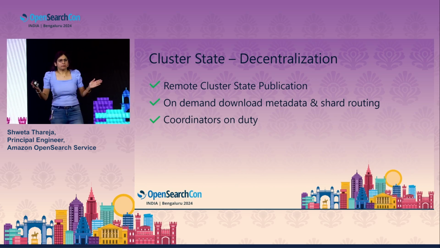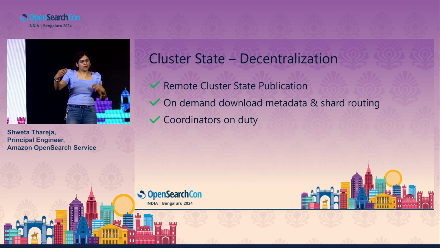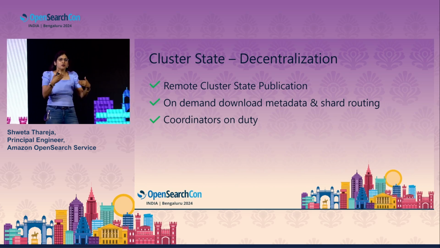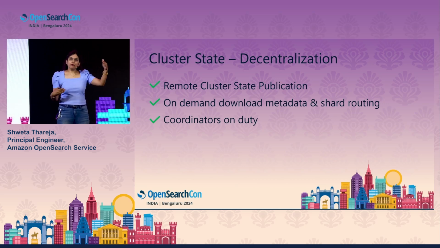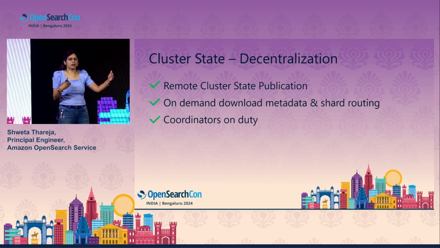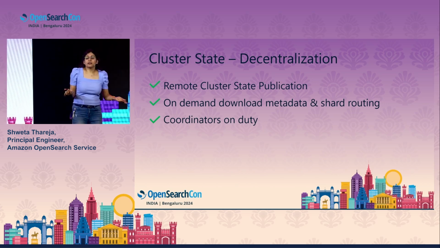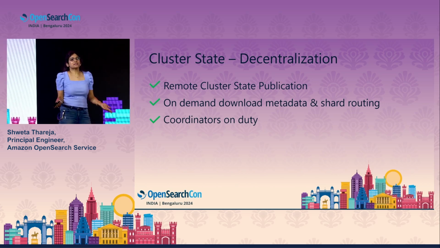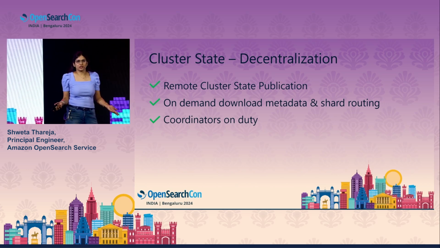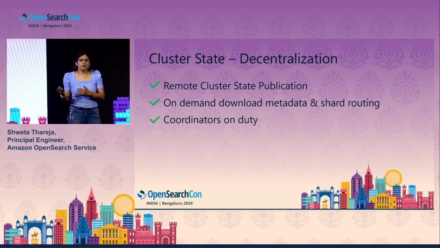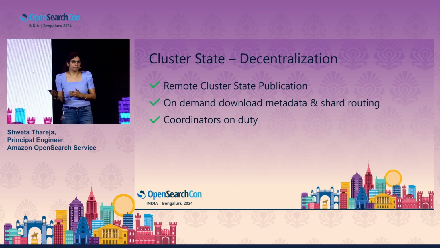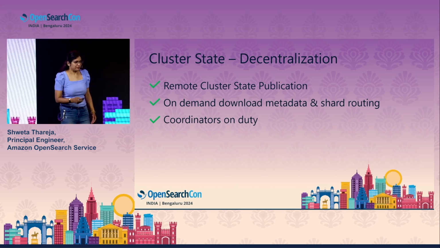But what if we segregate them? There is a separate coordinator node and a data node. So the data node can download the subset of the information it cares about. The coordinator node needs the full view of the routing table for the shard routing, so it can download it. But the good part is, now the coordinator node does not need any index metadata because it is not the one doing actual ingestion and search. So that's again a win-win. They do only a limited amount of work, right? So yeah.